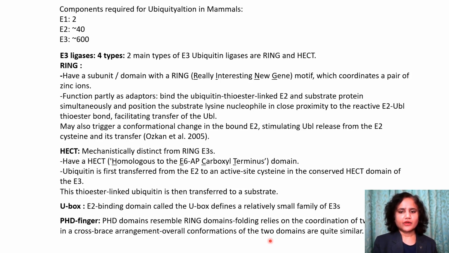And overall conformations of these 2 domains, PHD and RING finger, are quite similar. And finally, as I already mentioned, the deubiquitinating enzymes as well as the ubiquitin-like protein proteases can remove the ubiquitin-like protein attachments from the substrates.